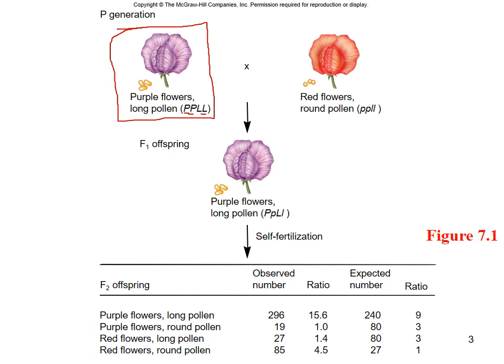So we have our homozygous dominant traits for 2 of the characteristics on our left-hand side. And on the right-hand side, we have our homozygous recessive traits showing that we have our homozygous lowercase p's for the red flower coloration and the lowercase l's for the round pollen.